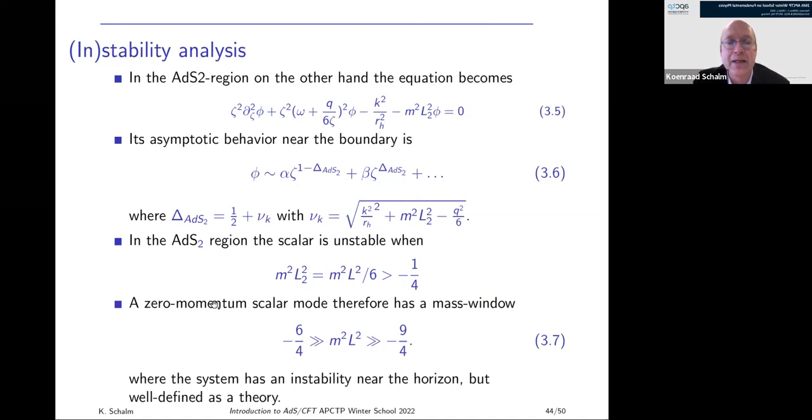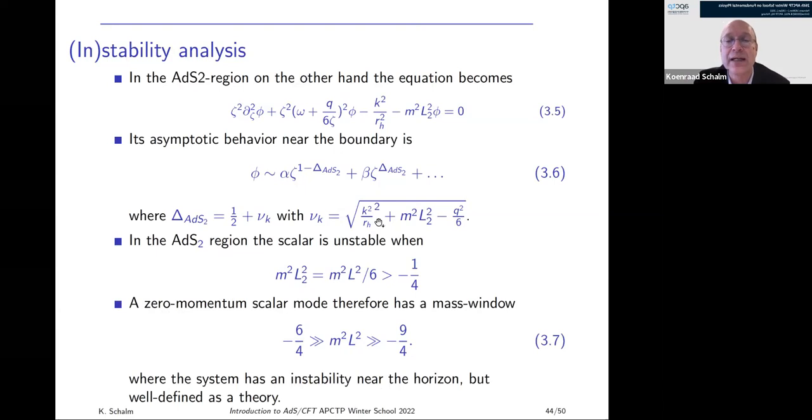Okay. So a zero momentum scalar mode therefore has a mass window, between -6/4 and m²L² over 4 is 9/4, where the system has an instability near the horizon, but is well defined as a theory. I apologize for that.